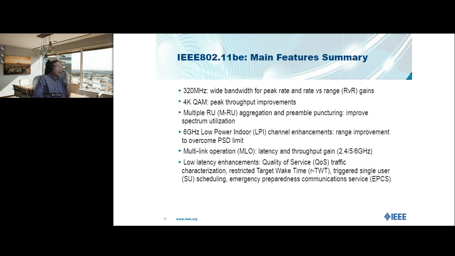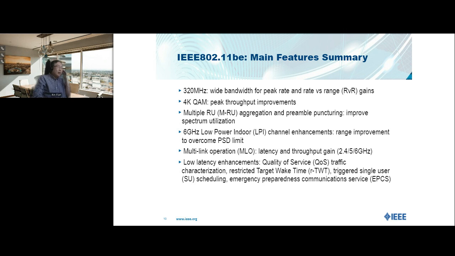We talk about 320 megahertz, and 4K QAM to improve peak throughput. There are also multiple RU aggregation and preamble puncturing. Some of these basic concepts we'll discuss in today's and tomorrow's 11ax training, and 11be moves further beyond this, trying to improve it even more.